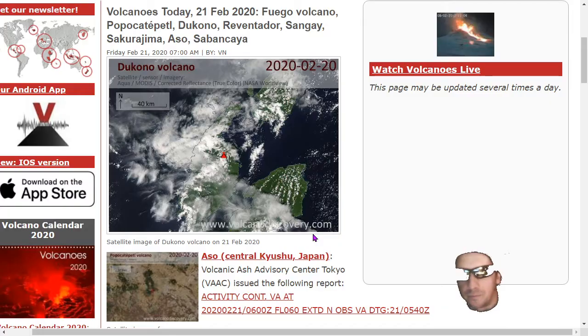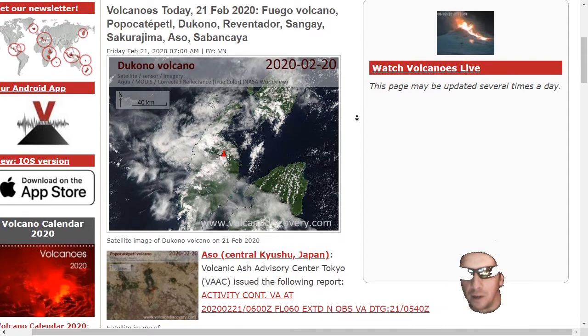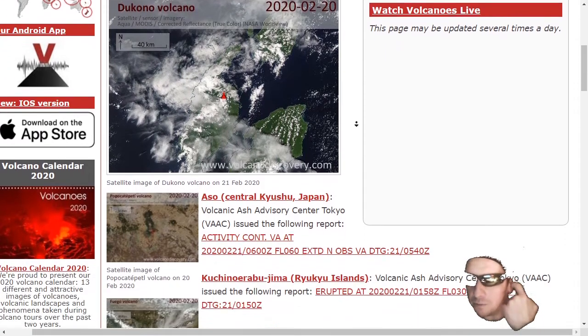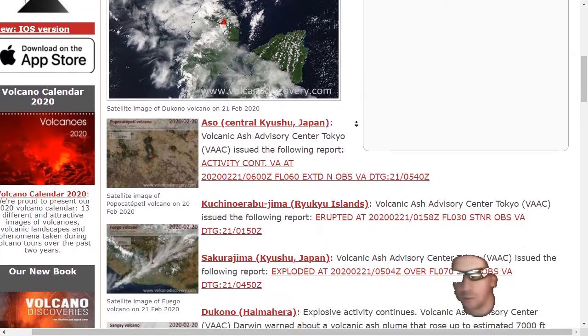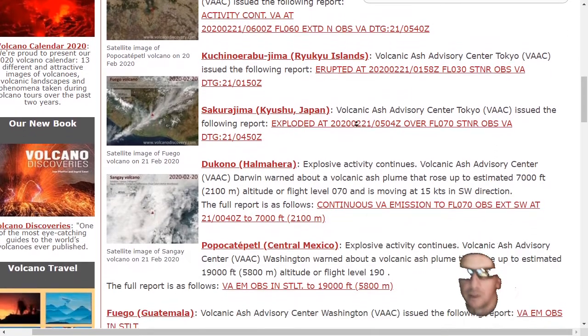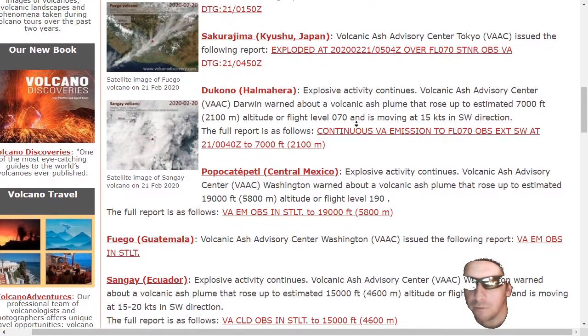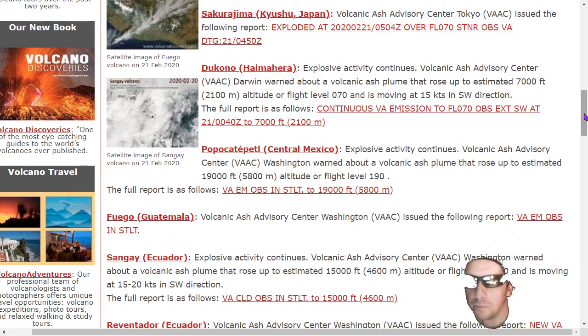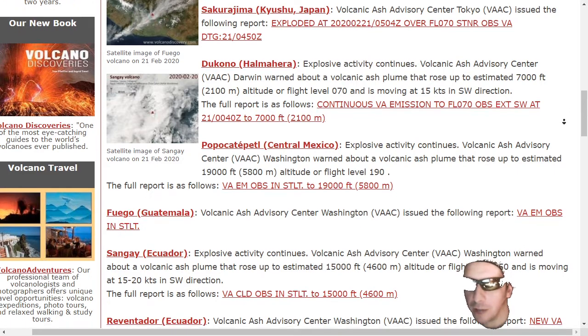And let's move on to the volcano rundown, consisting of Mount Aso, producing a 6,000-foot ash plume. Kuchino-Rabujima, flight level 3,000 there. Sakurajima exploded, flight level 7,000 there. Dukono, exploding, 7,000-foot ash plume there.